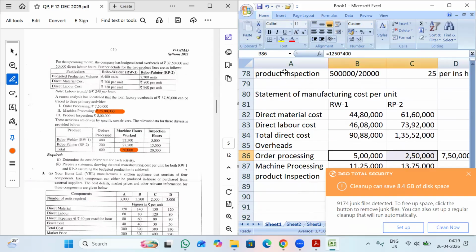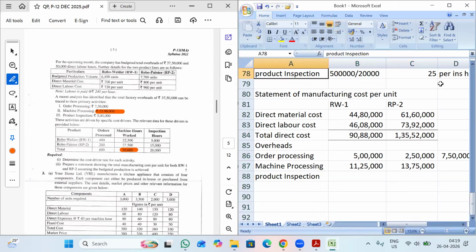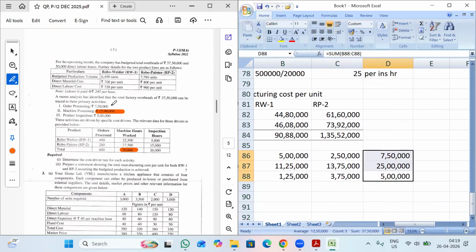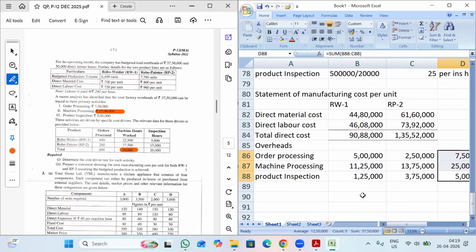So then product inspection. So here I am having a product inspection rate of 25 rupees per inspection hour. So I need to multiply with the number of inspection hours. For RW1 it is 5,000. So 25 into 5,000 and here it is 25 into 15,000. So I'm just checking whether it is coming correctly or not. So everything is coming correctly and my total overhead is 37,50,000, and that also is matching with the question.